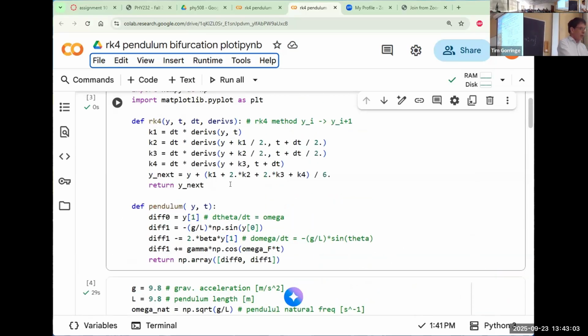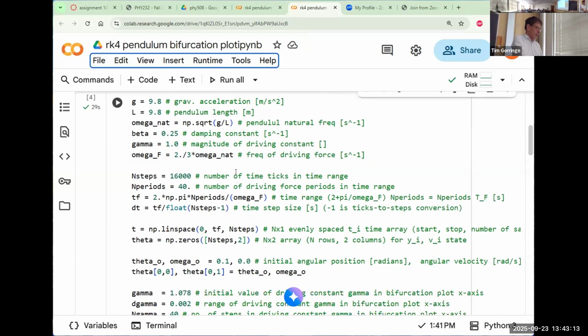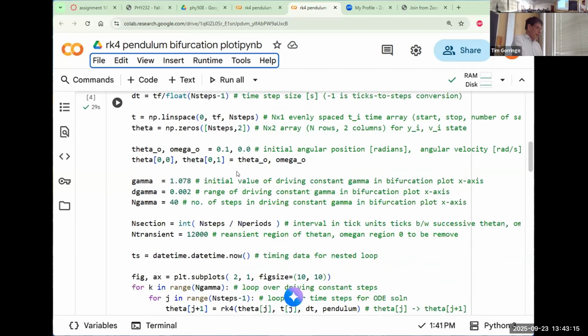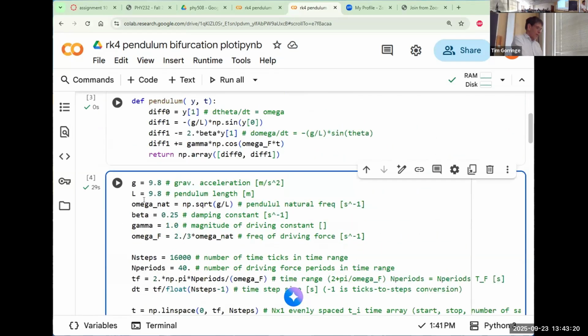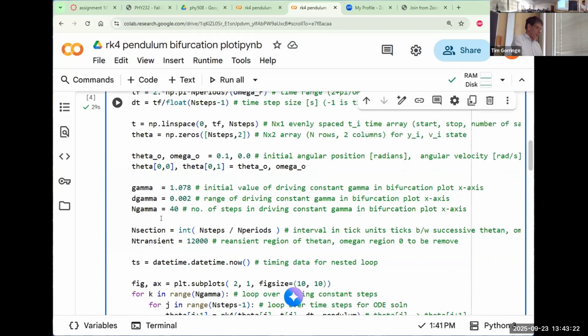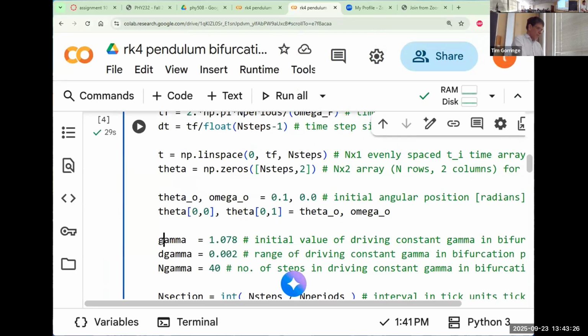So again, I'm defining the usual functions, defining the constants associated with the damped-driven pendulum. All this is the same, except when I get down to, sorry, I'm going to have a nested loop.